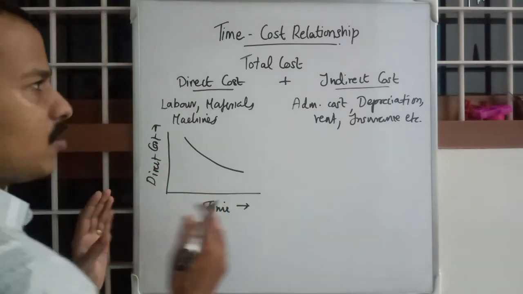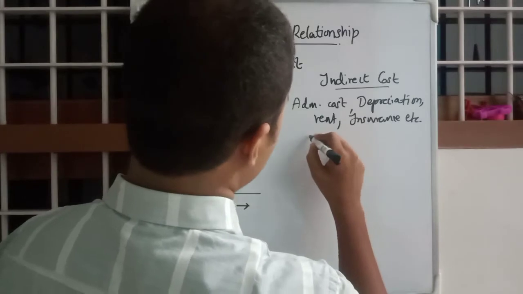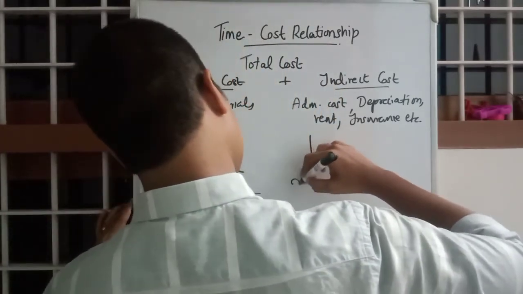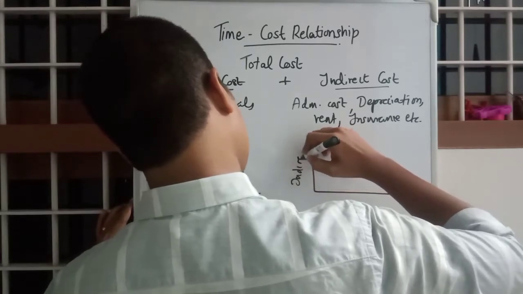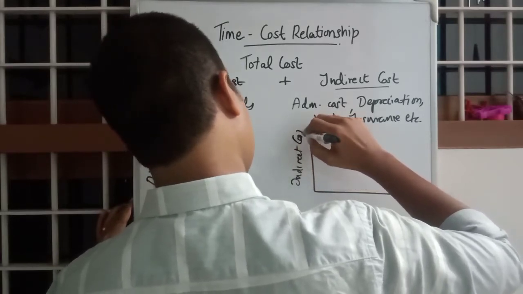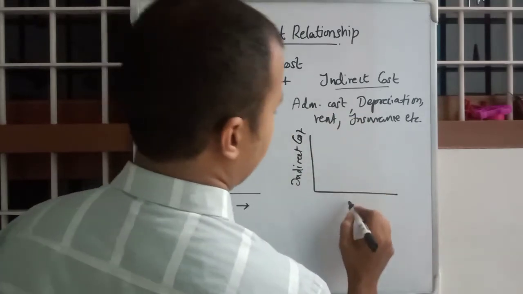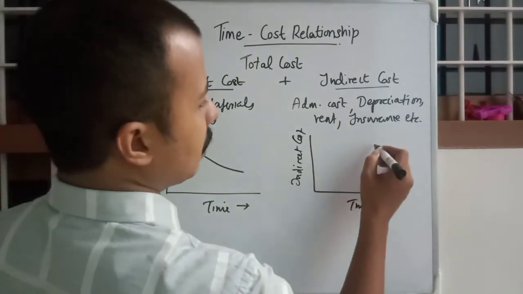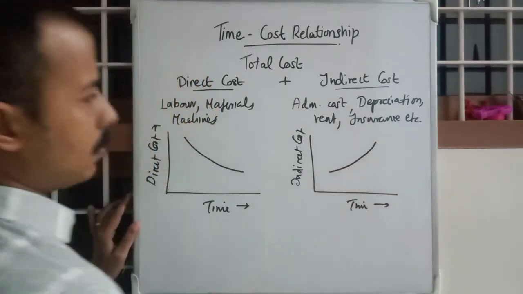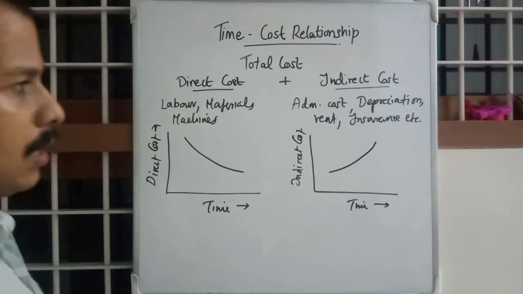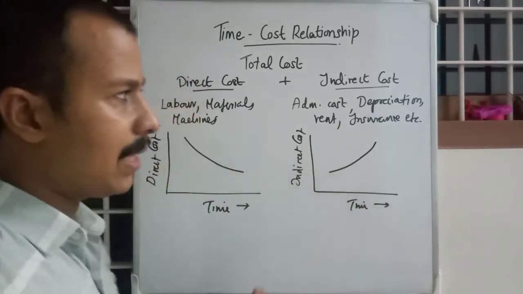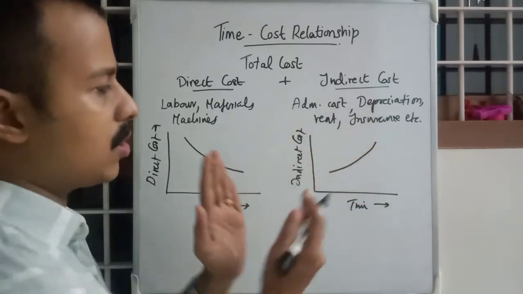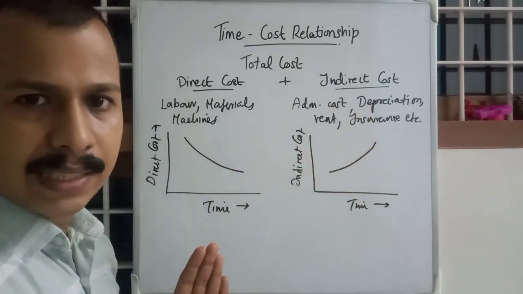Okay, whereas in case of indirect cost, if we draw the same diagram like indirect cost and time, this will be something like this, quite reverse, because as the time decreases, the rent for the particular room or depreciation or insurance period will always be decreasing, right?